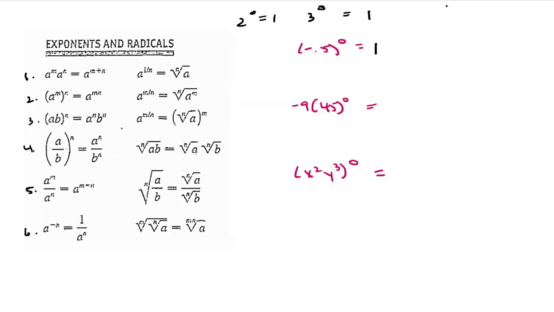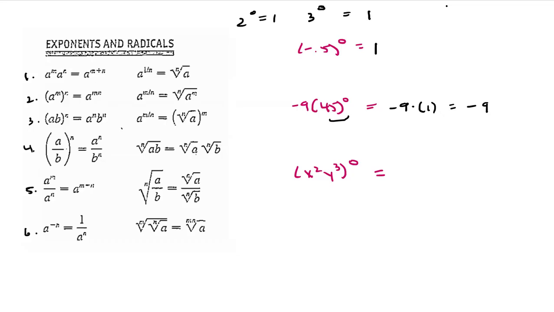Okay. How about this one? We got negative 9 times 45 to the 0 power. What's 45 raised to the 0 power? 1. Yes. Right. So it'll be negative 9 times 1, which is negative 9.